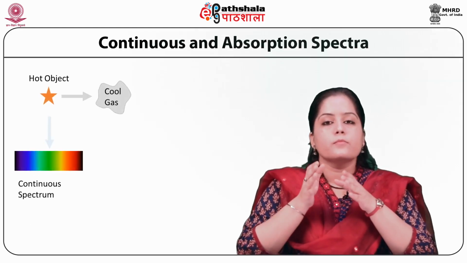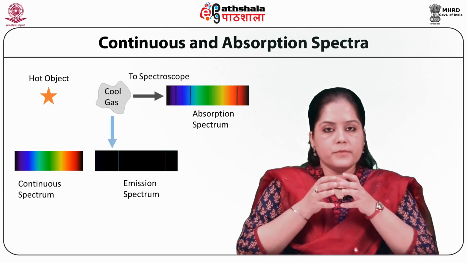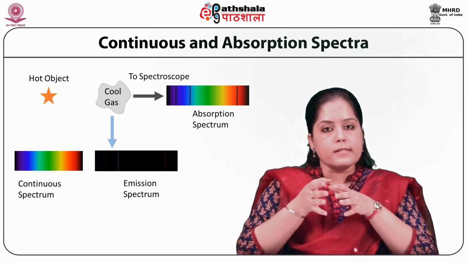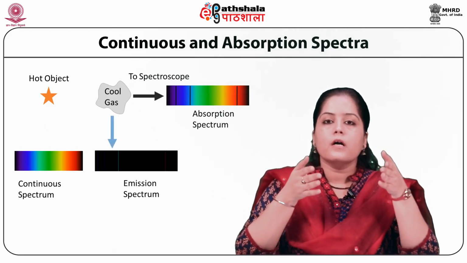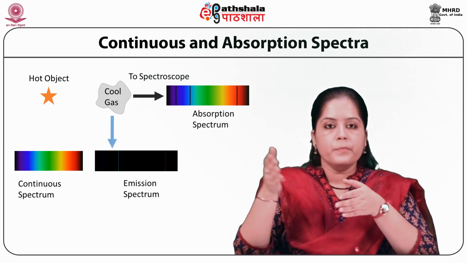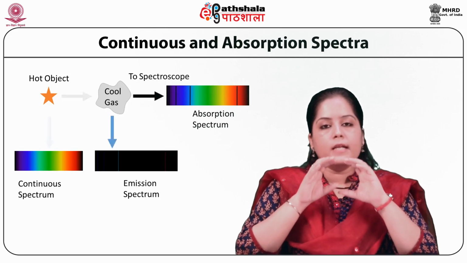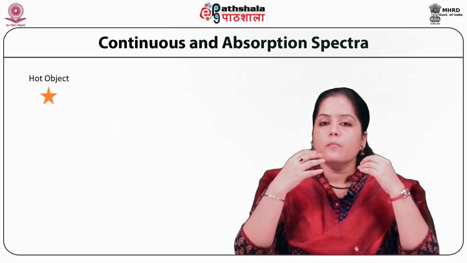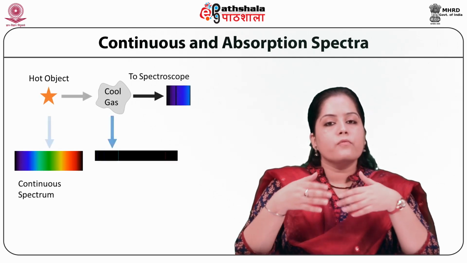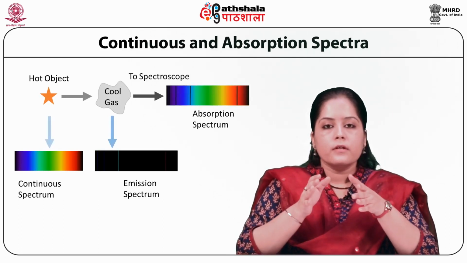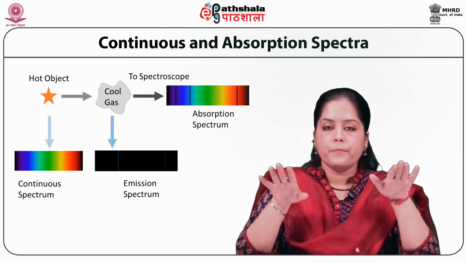Continuous and absorption spectra. A hot solid object or a hot gas at high pressure emits a continuous spectrum, as shown in this figure. The individual lines are broadened due to collisions and overlap so much that the spectrum appears continuous.